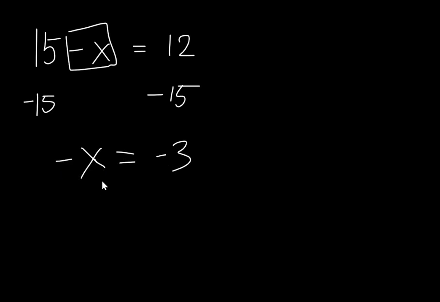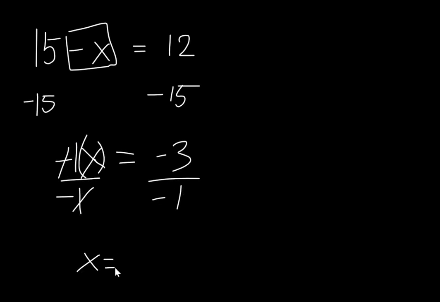From here, you can either multiply or divide by negative 1, but in this case, let's just divide by negative 1 to make things simpler. Negative 1 and negative 1 cancel out, and 3 divided by 1 is 3, and since there's two negative signs and 2 is an even number, your answer is positive. So that is your answer.